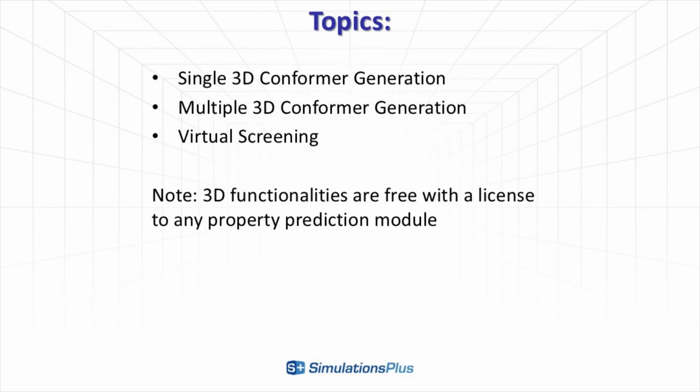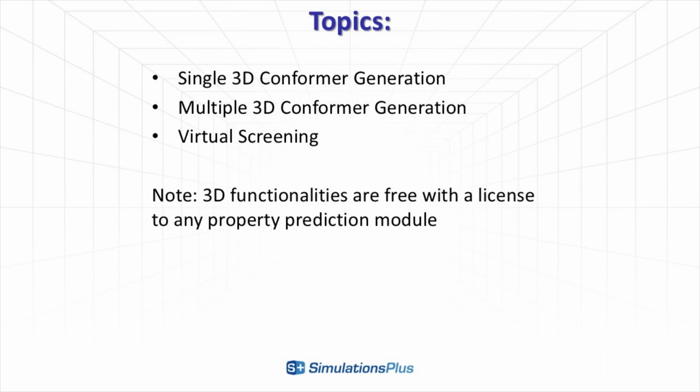So if you license physical chemical properties, for instance, the pKa predictions and so on, then these 3D capabilities are already accessible without any other additional license. So this video is not a sales pitch, but rather an introduction to functionality you already have, and we hope you'll take advantage of it.